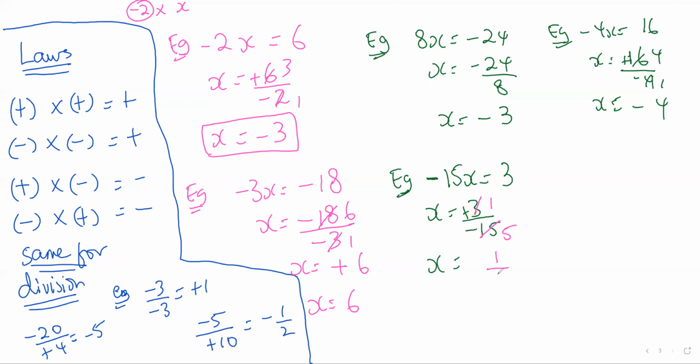So the answer is 1/5. But we're not going to put back these two signs. It makes no sense, because when we divide, we get one fixed sign. The answer is a fraction, yes, no problem there, but a fraction can only carry one sign. So positive divided by negative is what? Negative. So -1/5 is the answer.